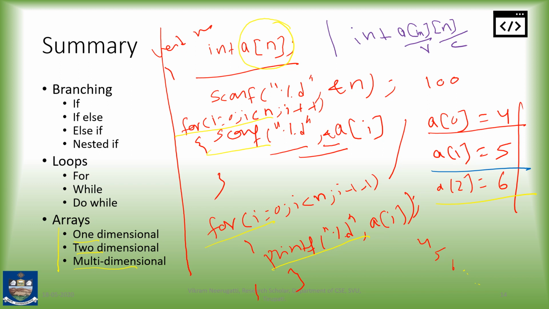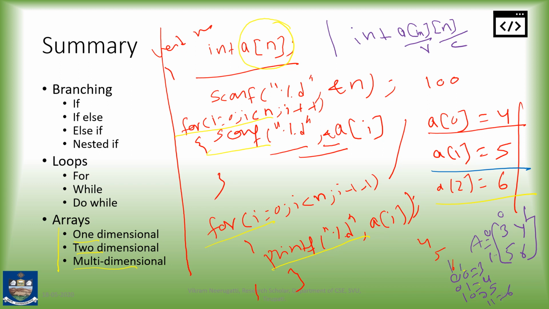For example, to perform addition of matrices, matrix A will be 3, 4, 5, 6. What are the place values here? 0, 1, 0, 1. So 0,0 value is 3, 0,1 value is 4, 1,0 value is 5, and 1,1 value is 6.